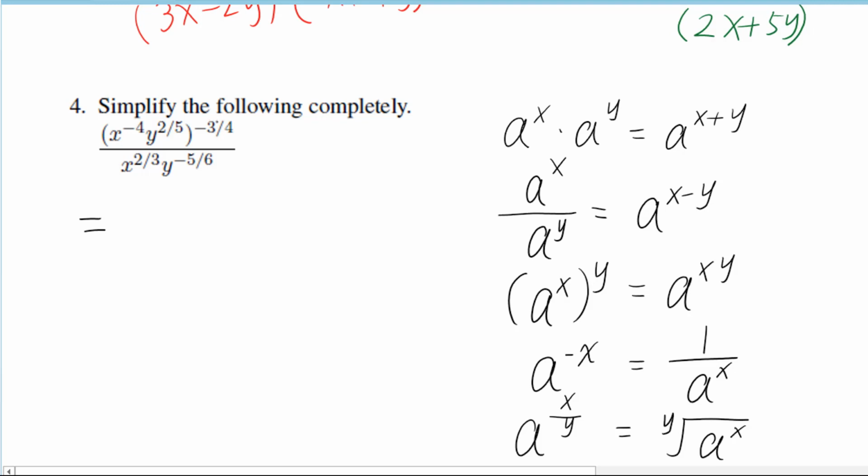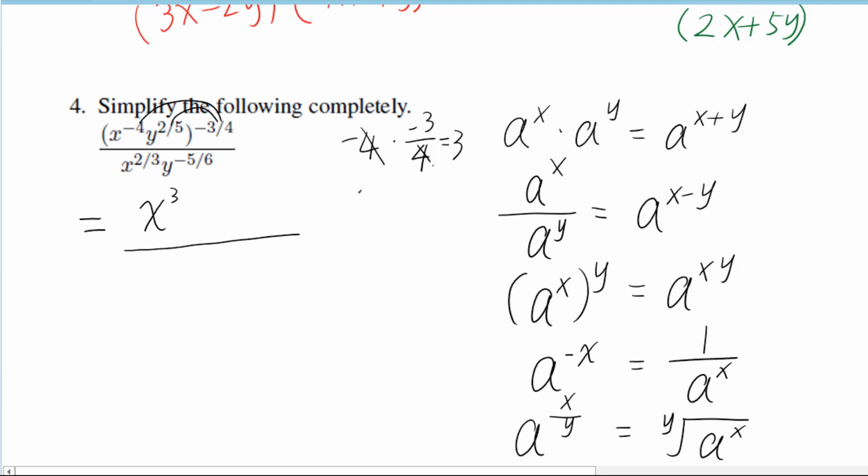We need to use power of a power, so we do multiplication. Negative 4 times negative 3 over 4. Reduce, you will get 3, so that you will get x to the 3rd power.